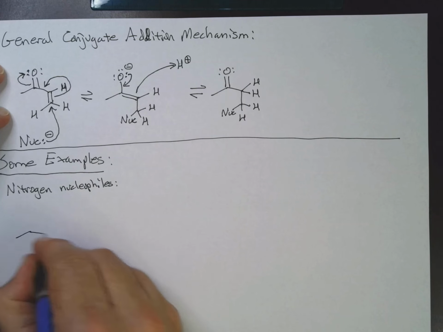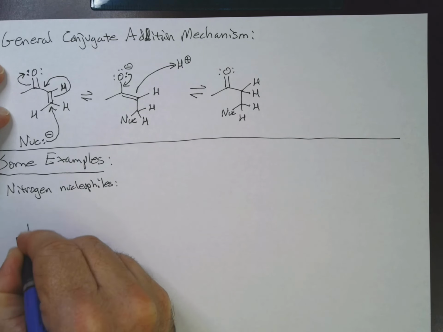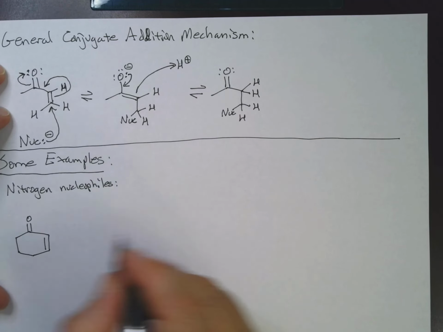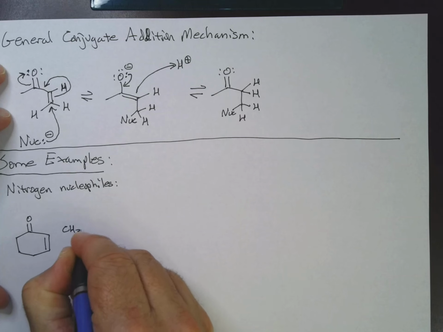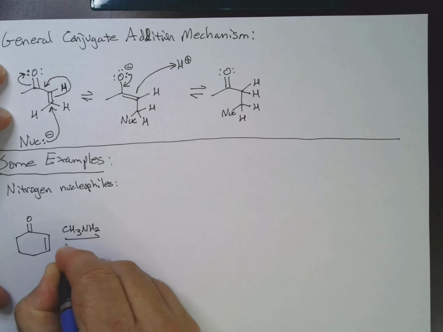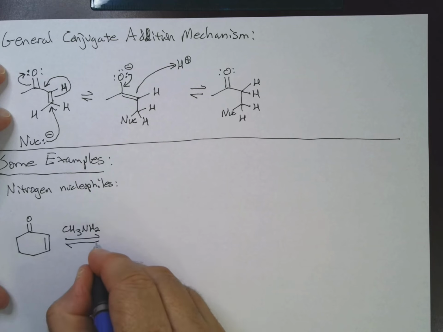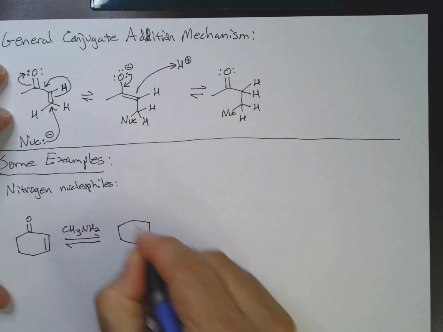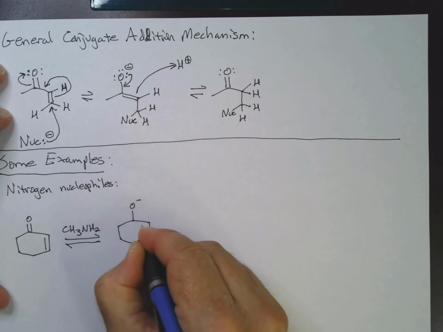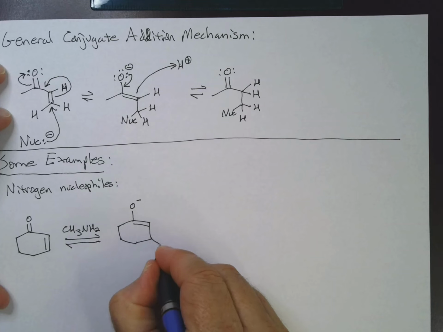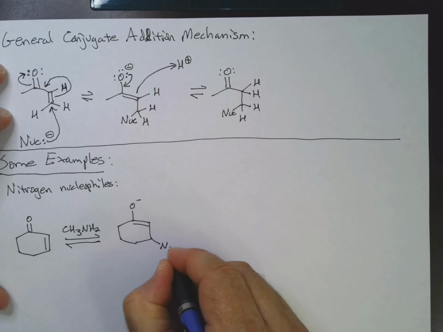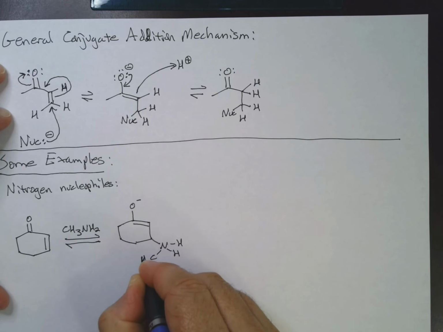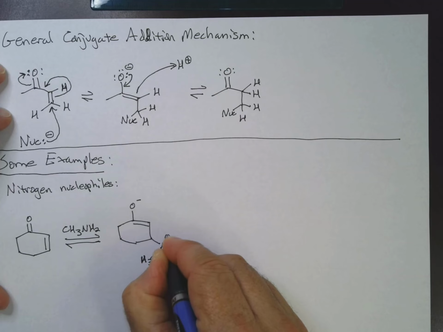And so let's say, this is the example from the text, let's say we had 2-cyclohexenone, and we treat this with CH3NH2, and what we'll end up getting is O minus, double bond there, and then NH2CH3, positive charge there.